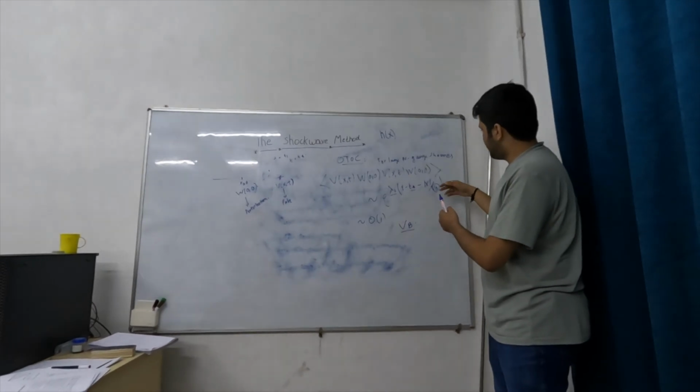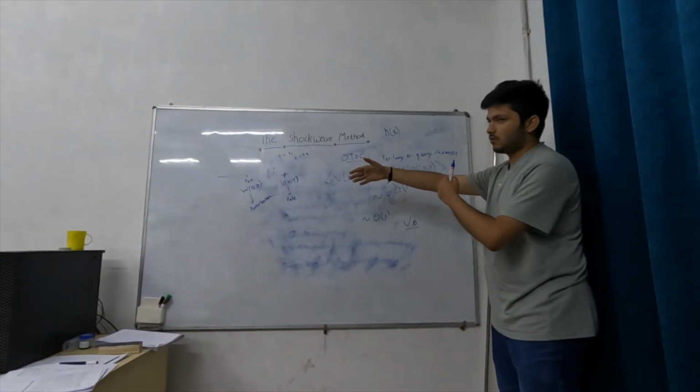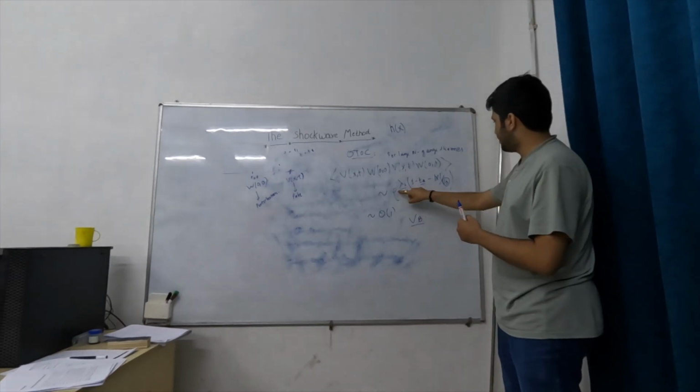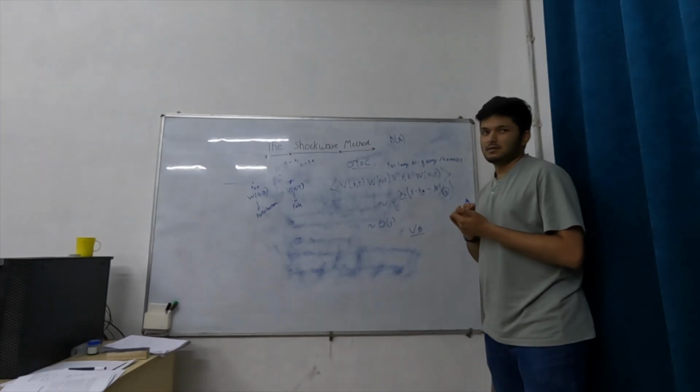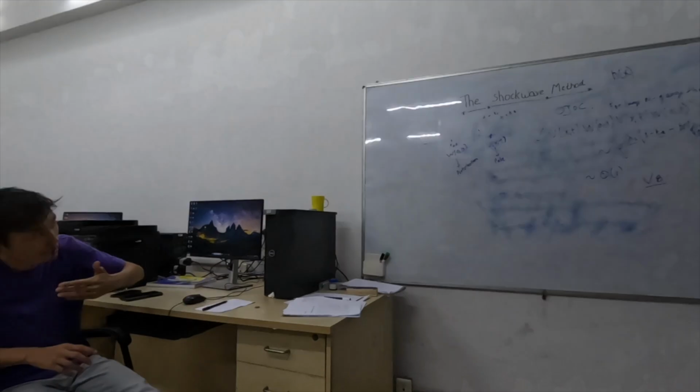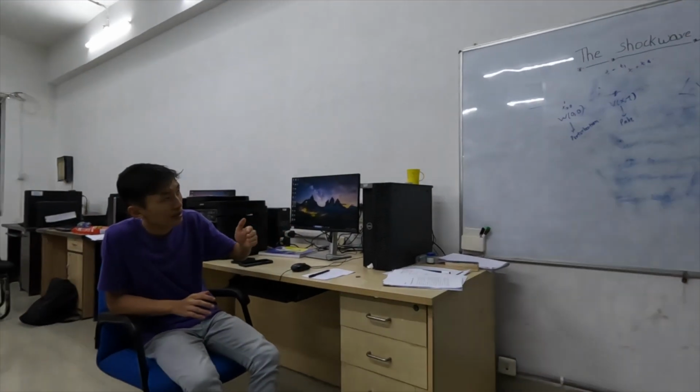We'll compare this boundary result with that Shockwave profile and calculate our vb, lambda and t star. So this is calculated from a purely quantum mechanical, purely boundary, purely CFT result.